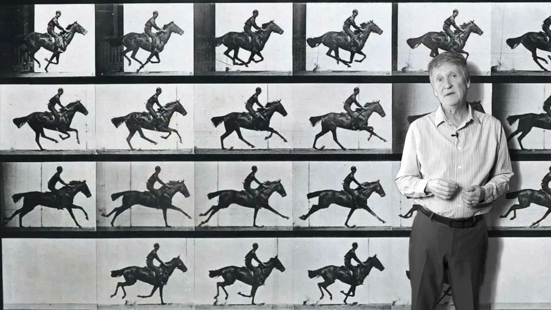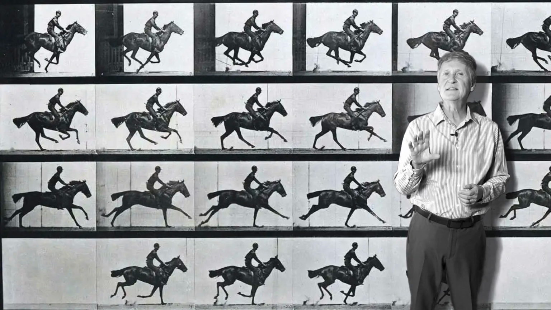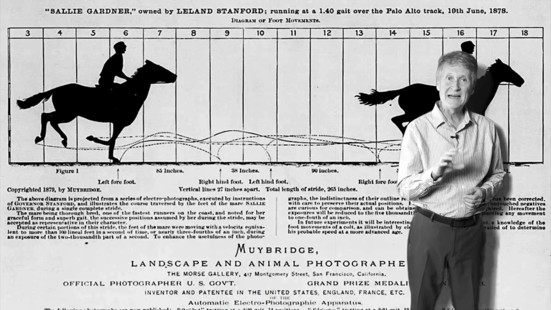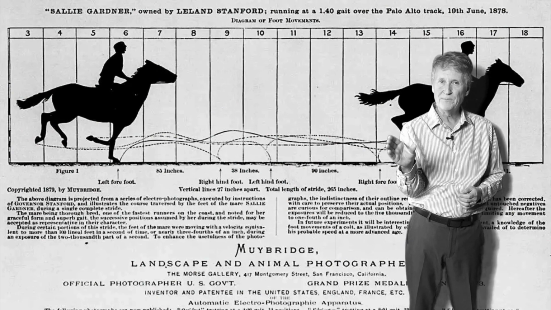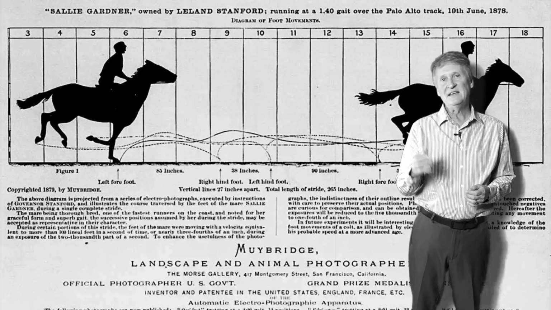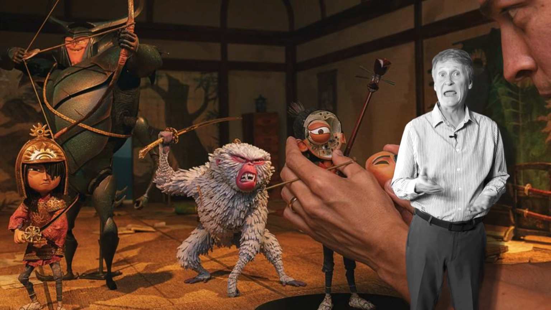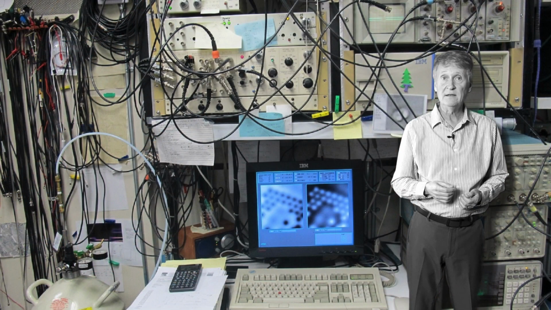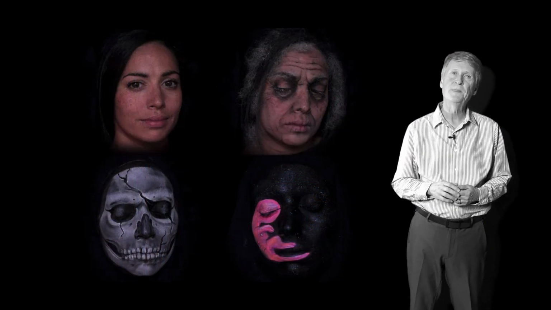You're probably familiar with his iconic series of photographs that immortalized the gallop of a horse by dissecting the horse's movement frame by frame. His technique of stop motion has since been used in various fields, including animation, filmmaking, scientific research, and of course artistic expression.